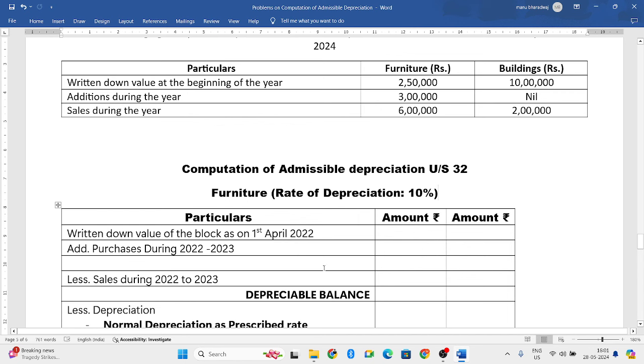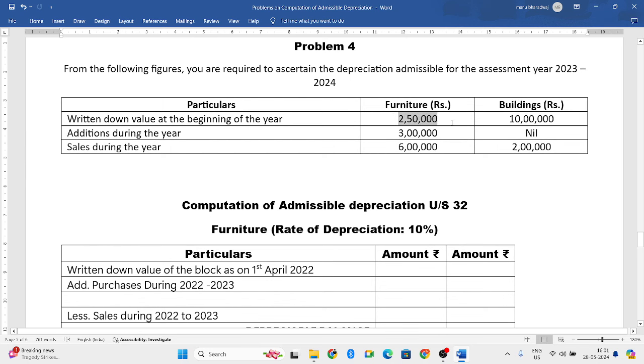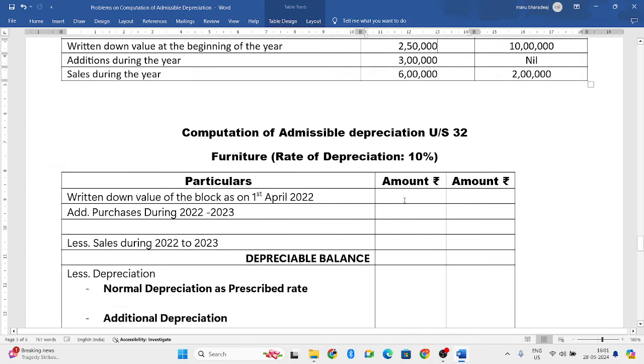Now first you have to write the written down value of the block. They have given that the written down value at the beginning of the year, that is on 1st April 2022, is 2,50,000. So first we take the written down value. You can straight away write it in the outer column. For that you need to add purchases. Any purchases made during the previous year should all be shown here.